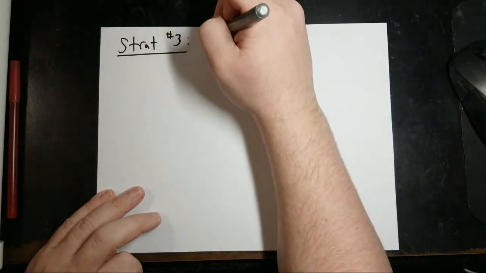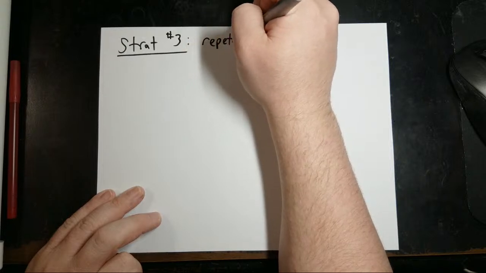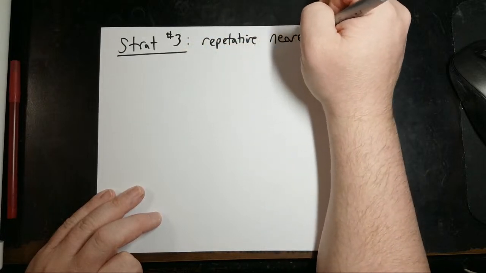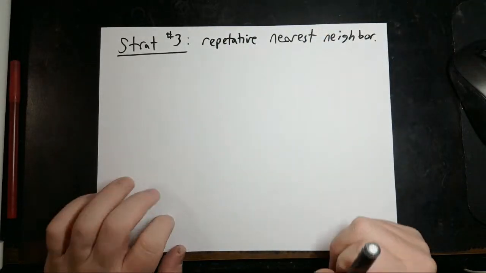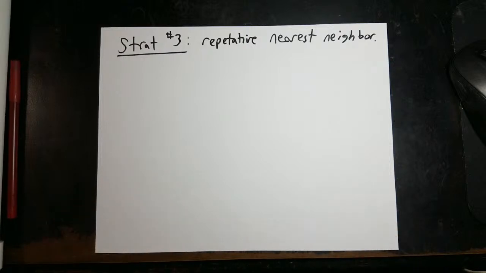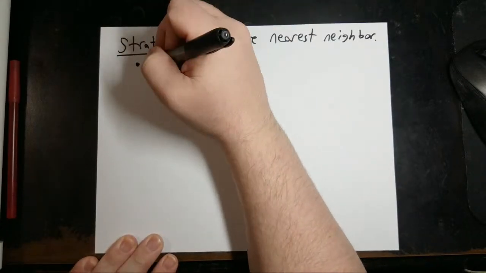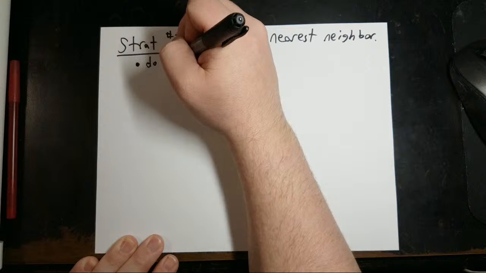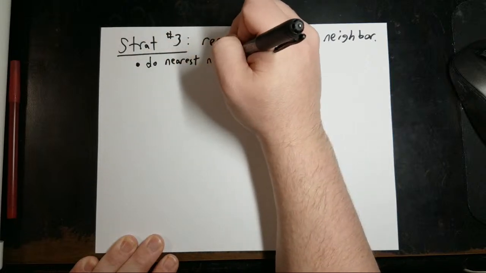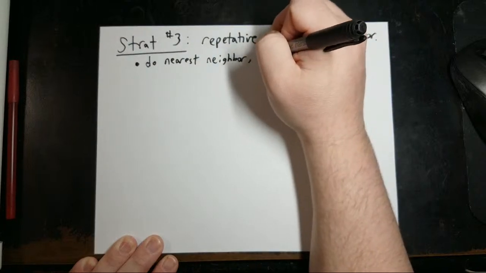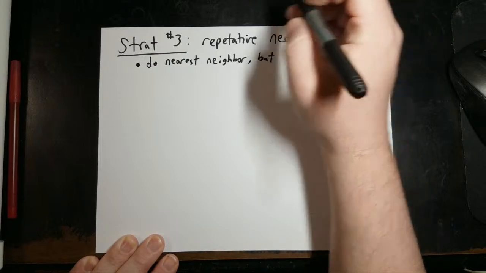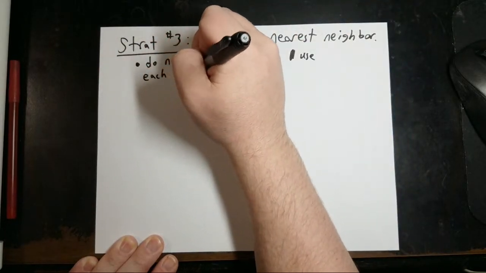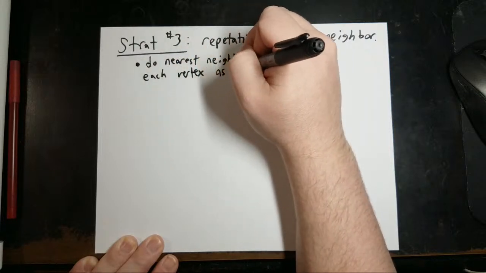Strat number 3, repetitive nearest neighbor. Now, it pretty much is kind of self-explanatory, except I just want to write it out. Basically, you do nearest neighbor, which is Strat 2, but use each vertex as a starting point.